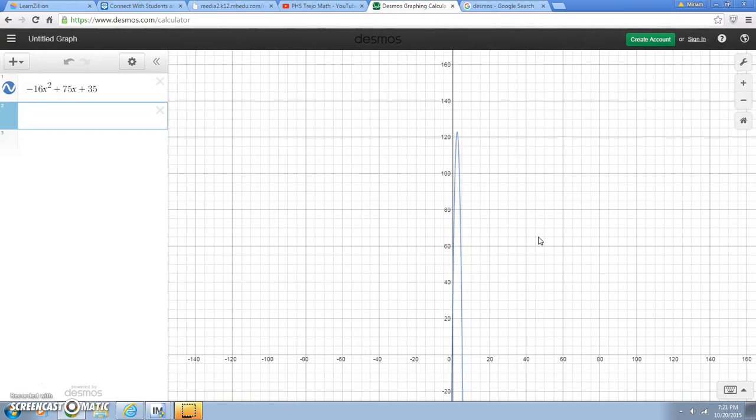Alright, so it says, at what time did the blast reach its maximum height? How high was it? So the maximum height happened somewhere up here at 2.3 seconds. The blast reaches its maximum height of 122.89.